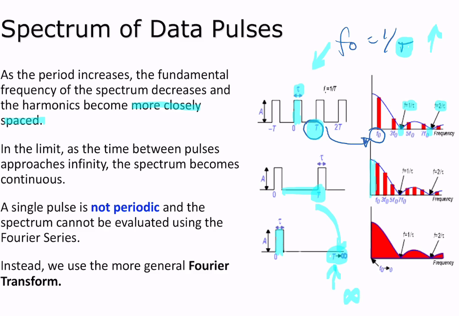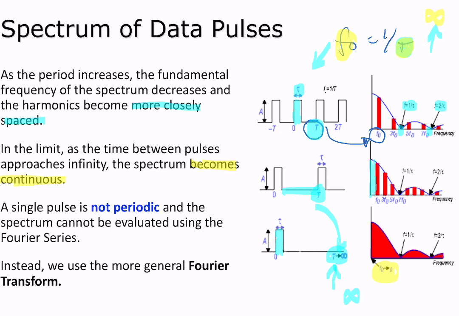So what will happen to the frequency? What will happen to F0 if T approaches infinity? Well, F0 will become vanishingly small. It'll approach zero. So we'll have a situation where the spectral lines have become so close together, they become continuous.